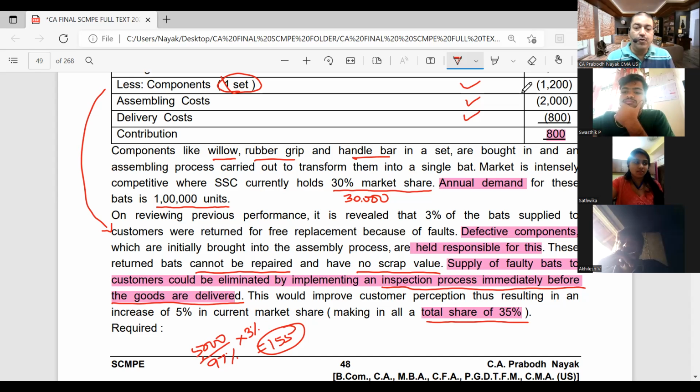6,30,000. Now tell me, how did you get 6,30,000? I have added all the costs like 1,200 plus 2,000 plus 800 into 155. So you have taken 3,000 into 155. Am I right?